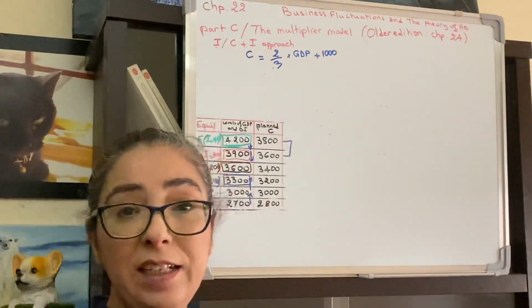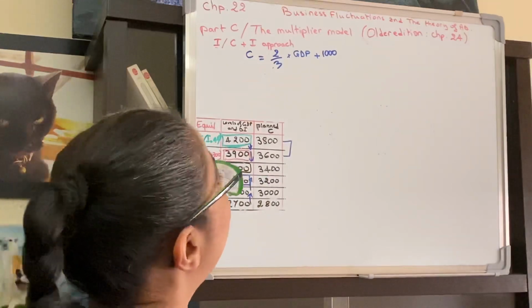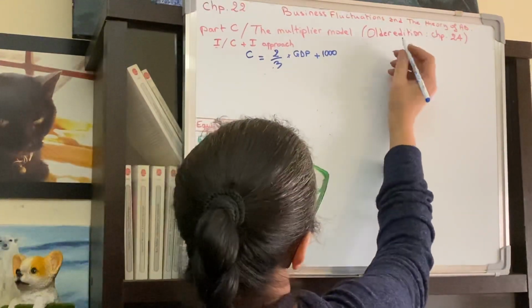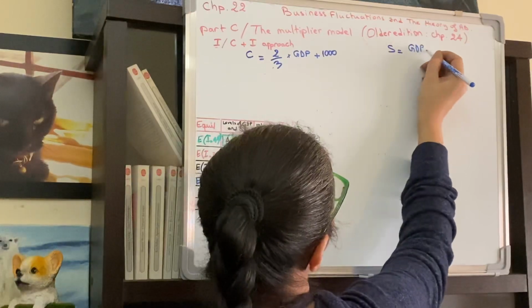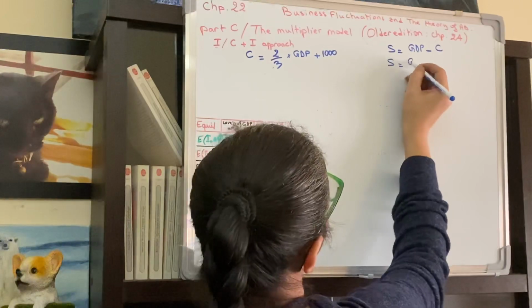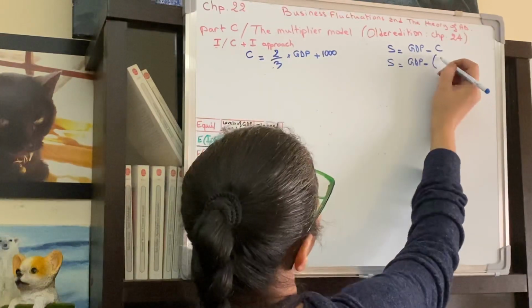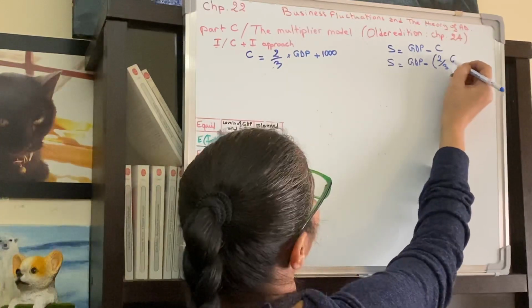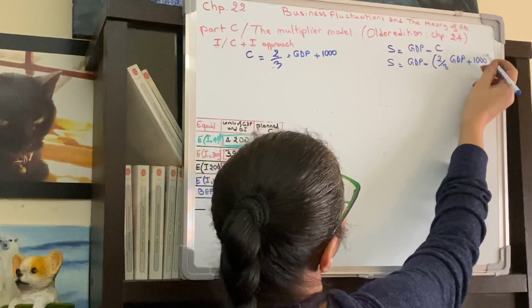So first I need to determine my saving function. I'm going to do it using the C function. So I know that saving is equal to GDP minus C. So my saving is equal to GDP minus, I open the parenthesis, 2 over 3 GDP plus 1,000.